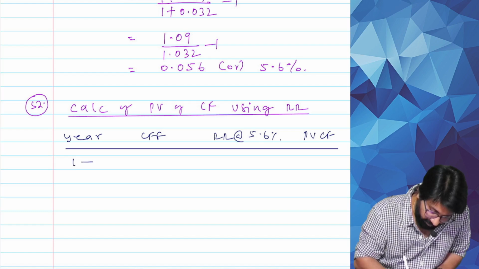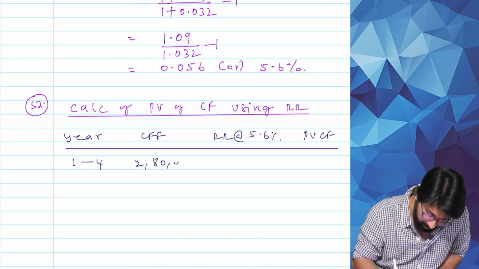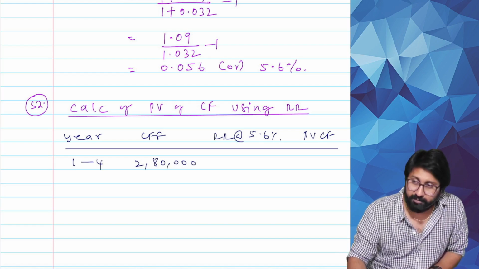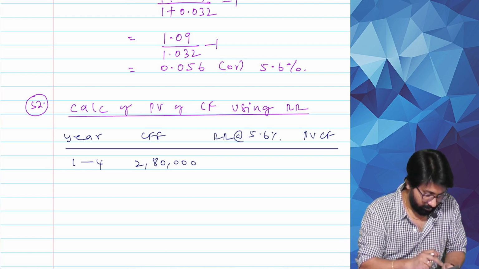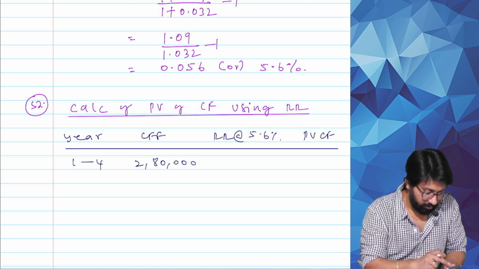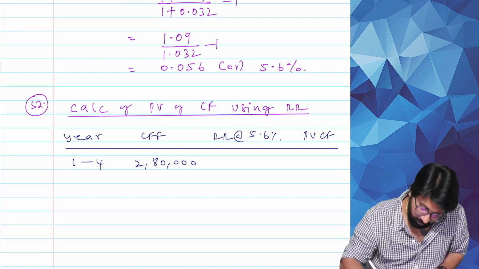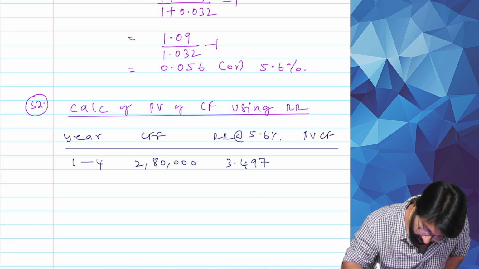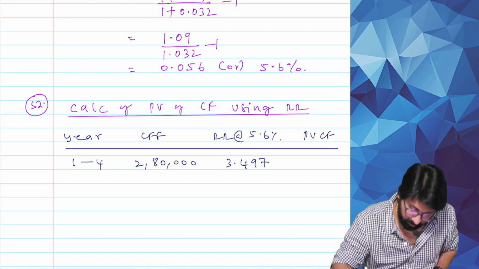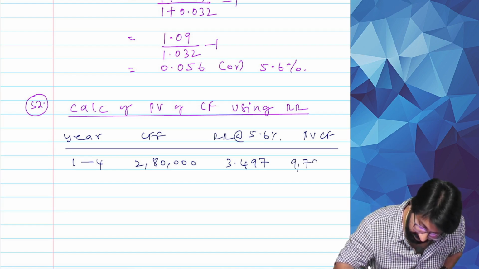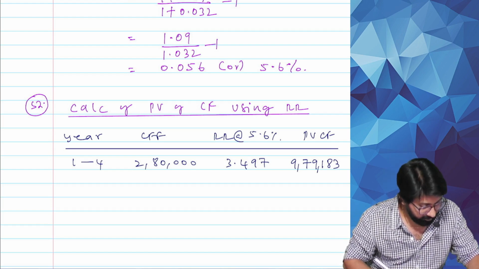Year 1 to 4, you will get the same cash flow. 5.6% for 4 years annuity. Multiply. 9,79,000. Written up to here.